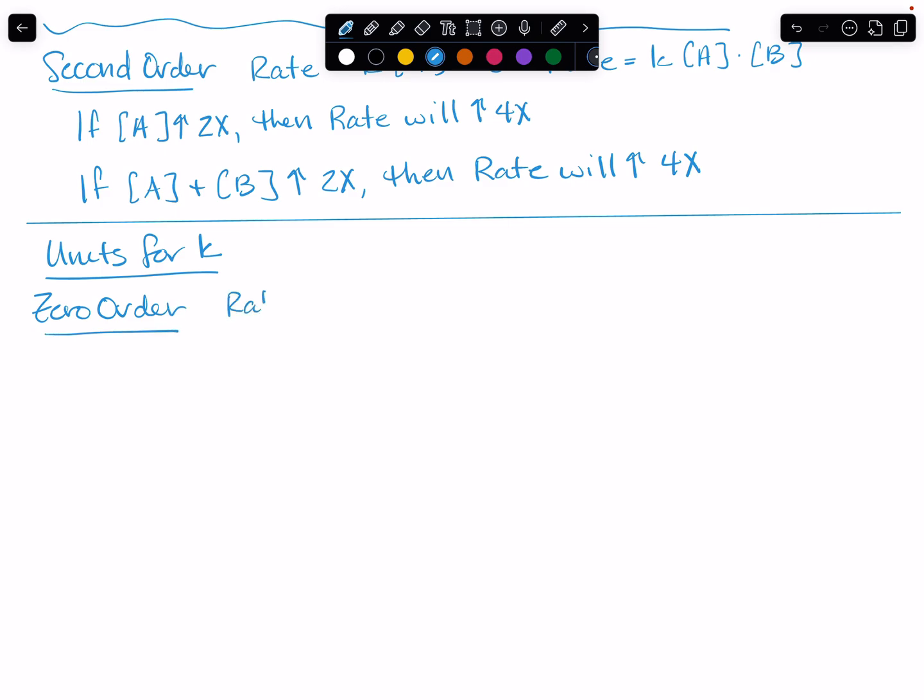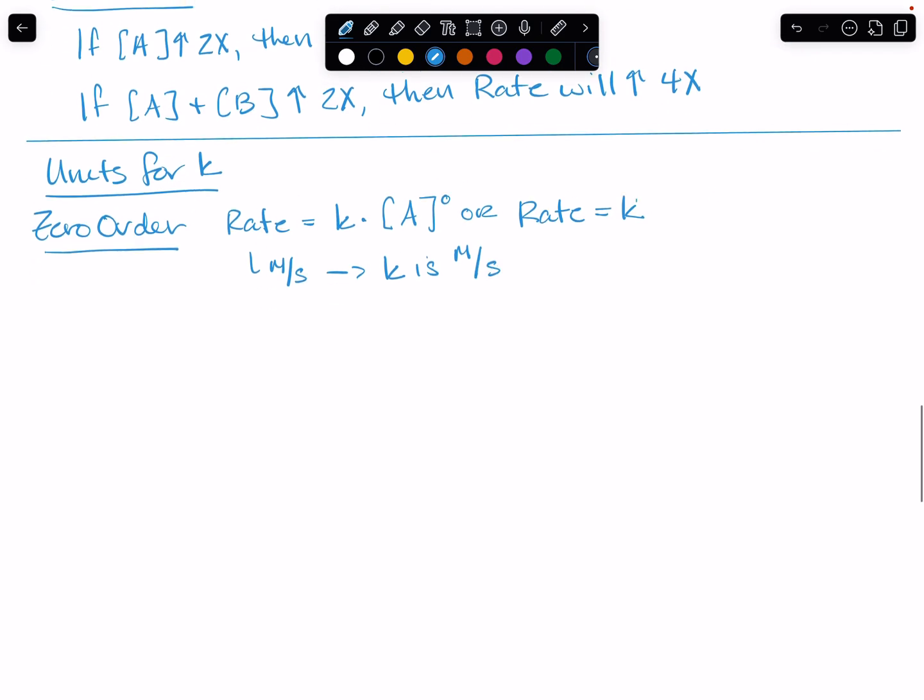Rate is equal to K times the concentration of A raised to the 0 power, so that rate really just equals K. That means the units of K have to match the units for that rate. A rate is in molar per second, which means K's unit is also going to be molar per second, or per minute, whatever the rate is being given in.